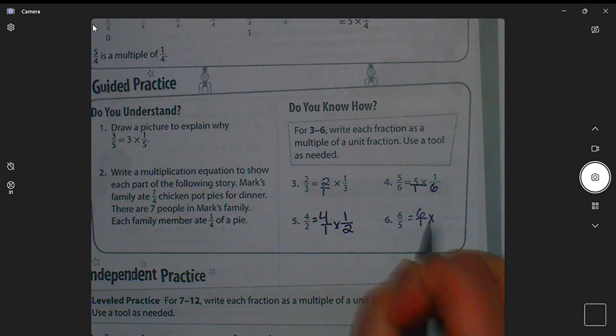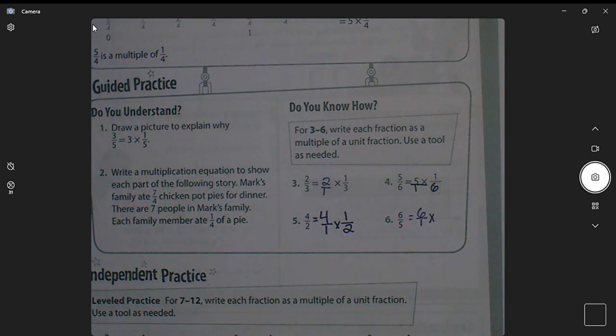Times what? What would be the fraction piece to it? 6 times 1/5. You're so right. You are so smart.